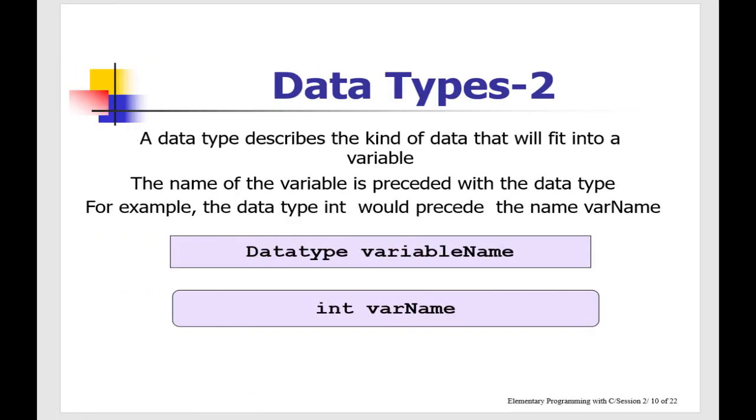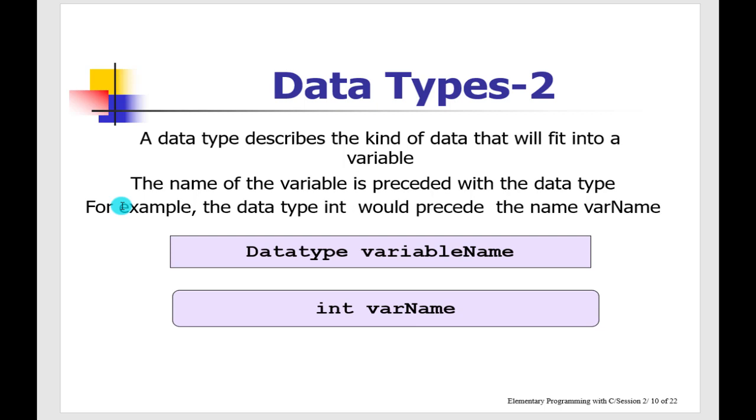A data type in C describes the kind of data that will fit into a given variable. The name of the variable is preceded with the data type. For example, the data type int would precede the name varname. So up here, we are looking at the syntax, and we said syntax is the general form. This is how we declare variables in the C programming language.